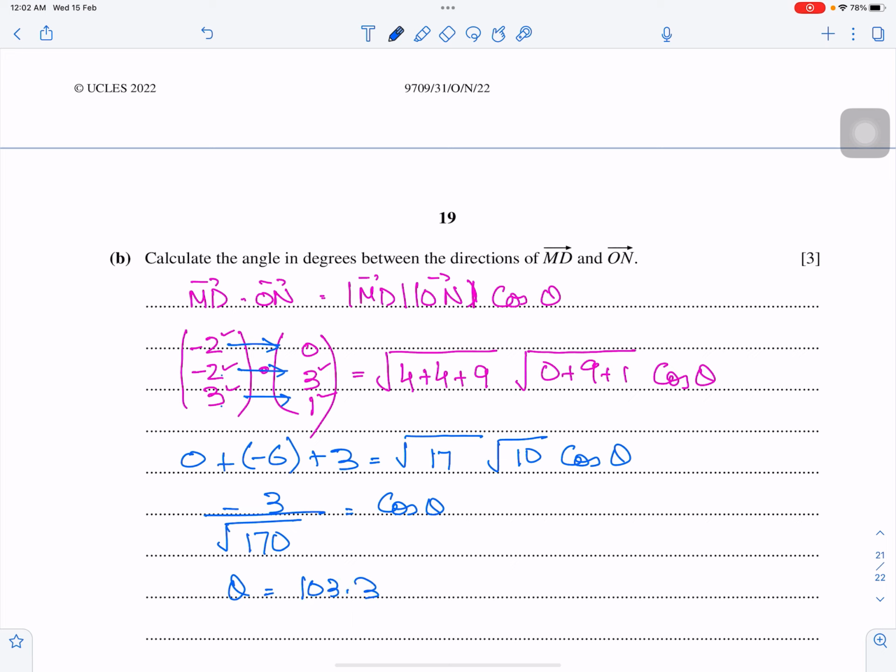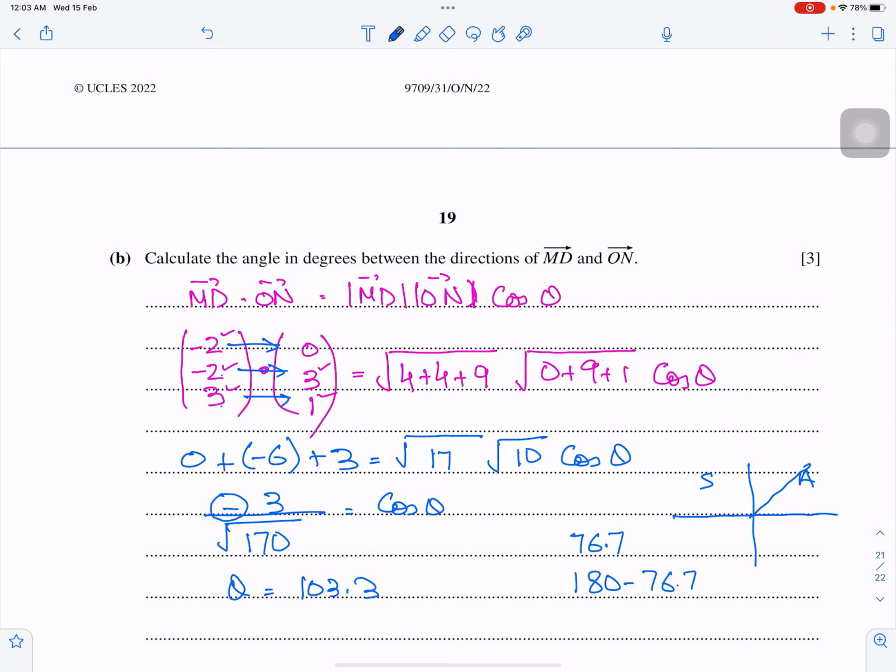So now when you calculate, you will get theta equals 103.3. Now remember one thing: when you use the calculator, if you don't use this negative sign, you will get the answer 76.6. You can try it in the calculator and then subtract it from 180. Do you know why? If you remember this trigonometry, we write ASTC.